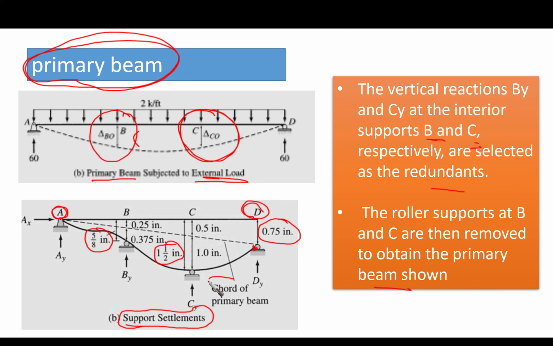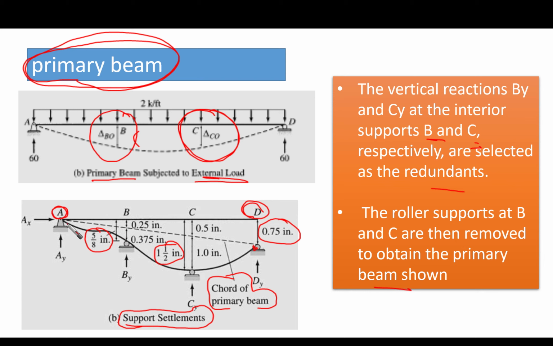This is what we call the chord of the primary beam. Now we want to get the relative displacement, not the absolute displacement.